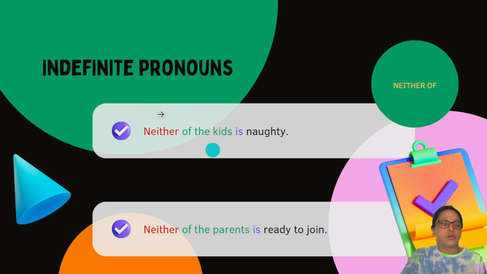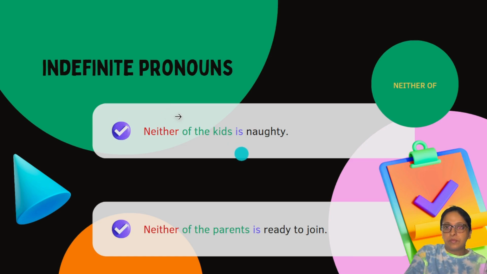At the same time, we are going to take a singular verb. Now, there could be a confusion: we are saying neither of the kids, we are talking about kids, which is a plural subject. Then why are we taking is, which is a singular verb?